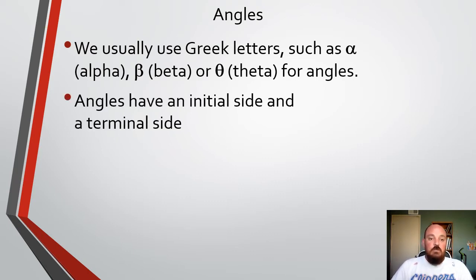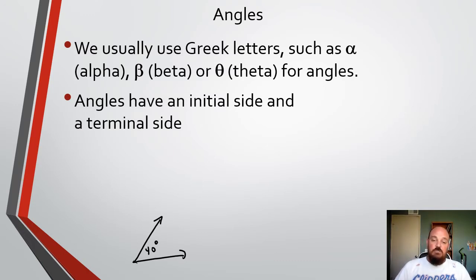The next thing I want you guys to know is that angles have an initial side and a terminal side. Initial means starting or beginning, and terminal means ending. So one of the things that's different about trig from the first time you learned angles, in a geometry class, or what we called Math 4 here at Western: if I drew an angle like this and said this is a 40-degree angle, that's just a 40-degree angle.